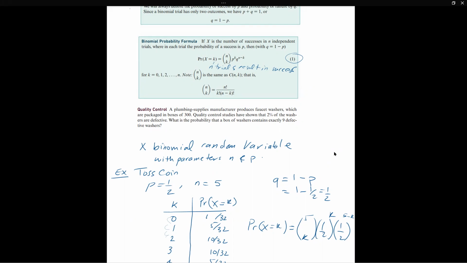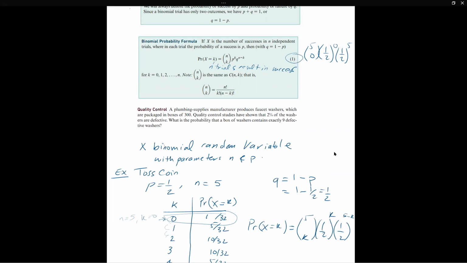So let's do this first one, which means k is 0, but n remains 5. So the formula, this top one, is going to be 5 choose 0, times 1/2 to the 0, times 1/2 to the 5 minus 0.